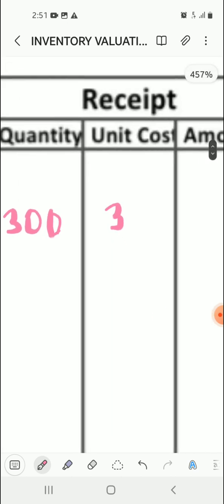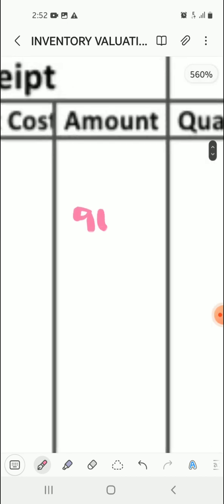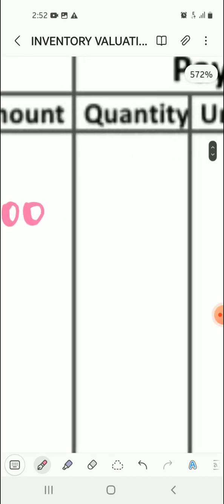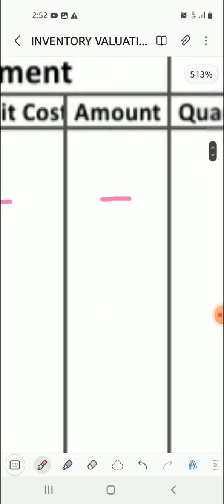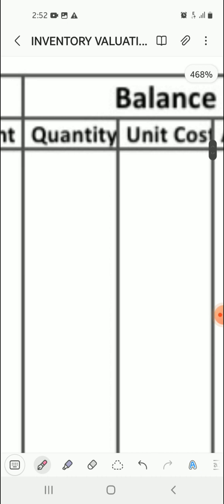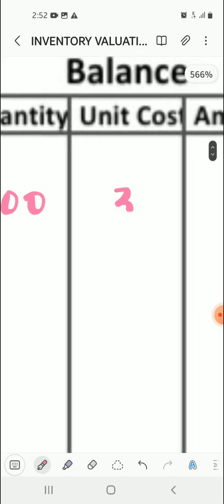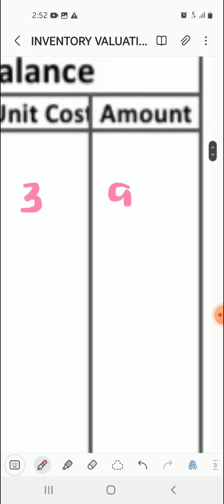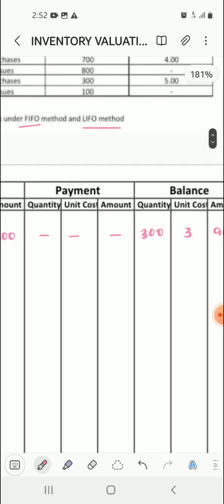Now multiply 300 into 3, we get 900 as my amount. No payments were made, so keep it blank. Now the balance: quantity was 300, whatever I have purchased, the unit cost was 3 rupees, and 300 into 3, 900, is my amount. So the first date is done.